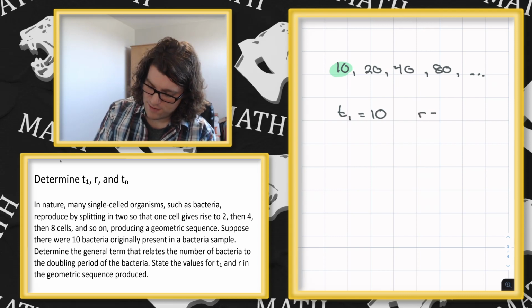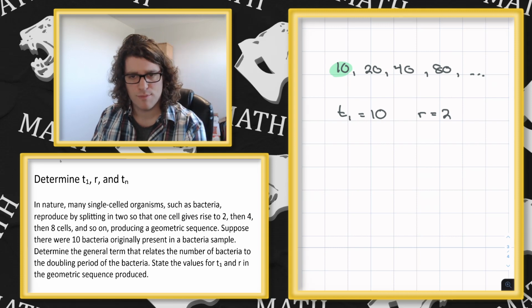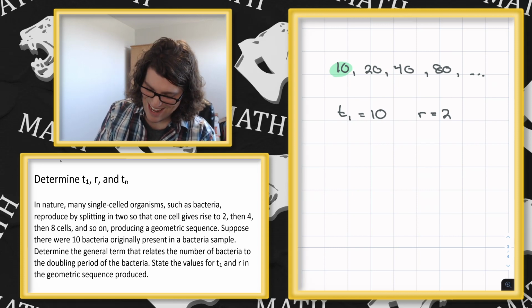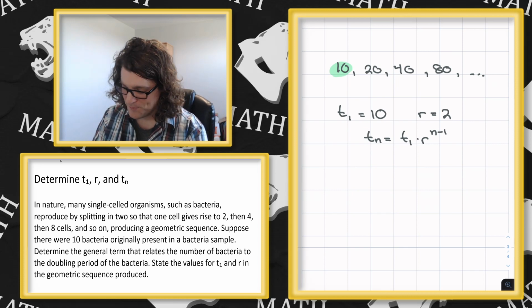So I would have a common ratio of 2, which means that if I wanted to express a Tn here, Tn is equal to T1 times r to the n minus 1. My apologies, my arithmetic brain was taking over.